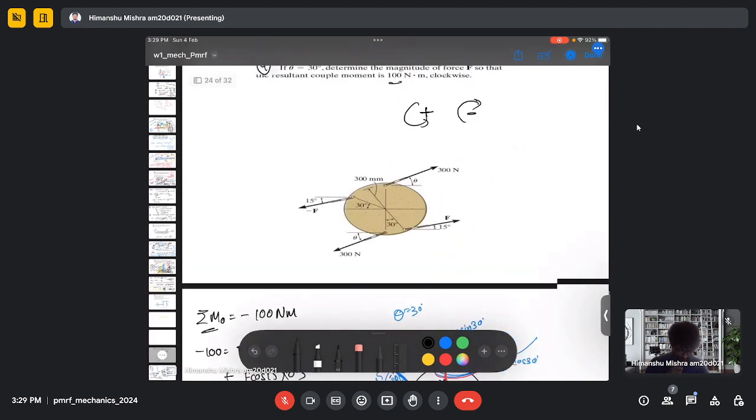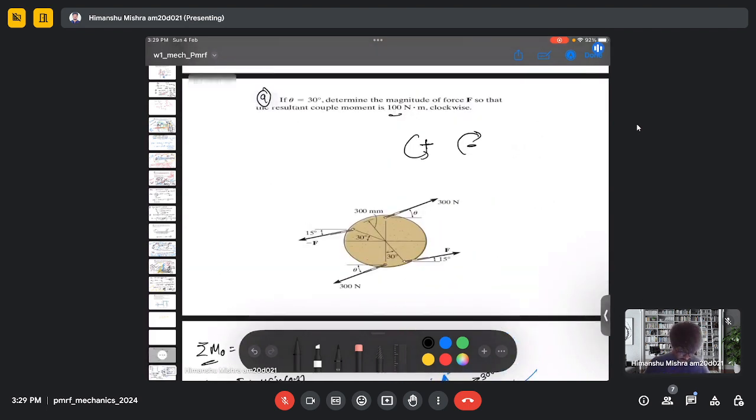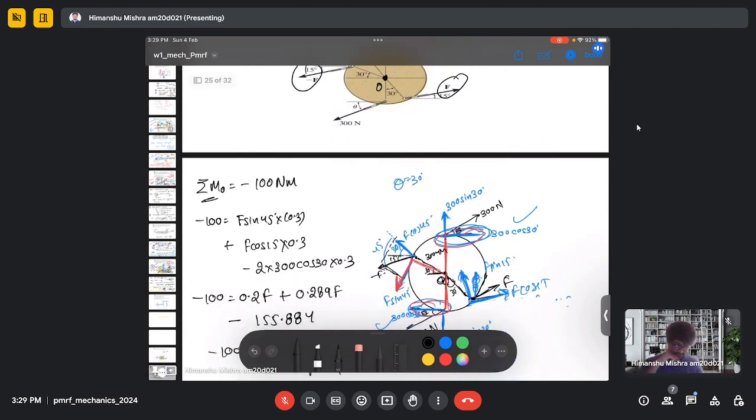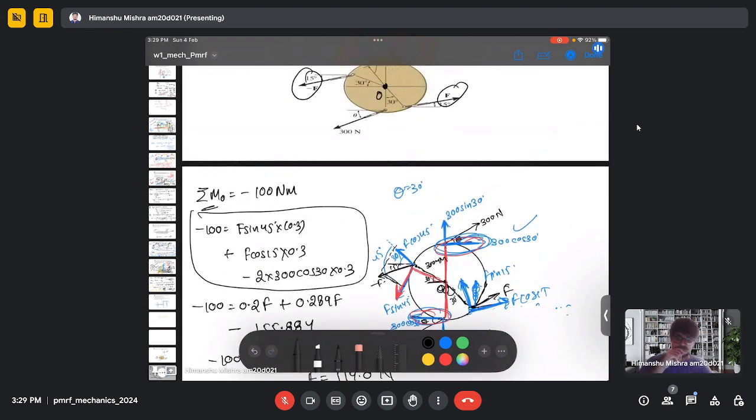So just to recap, we have been given a disc here, and the total overall moment given is 100 Newton meter clockwise, and we need to find the force here and here. For this, we take the moment at point O, and from the moment balance equation, we calculate the force. So just a short question.